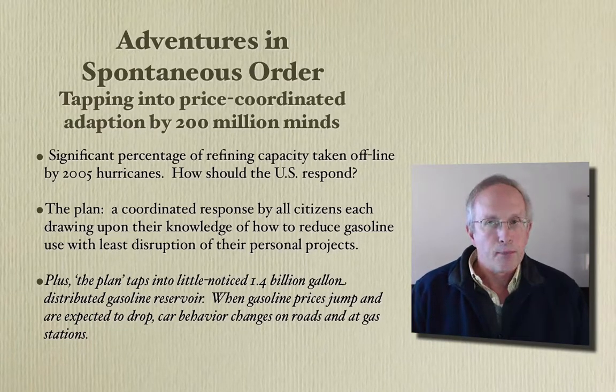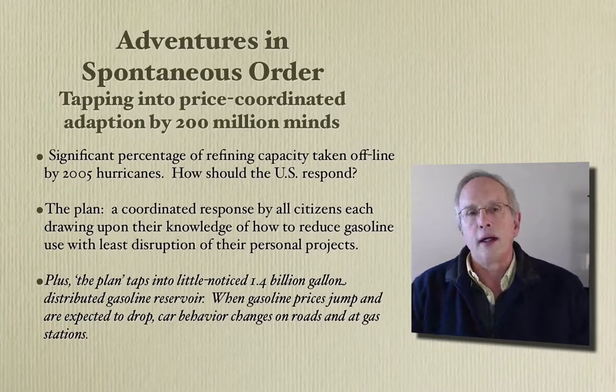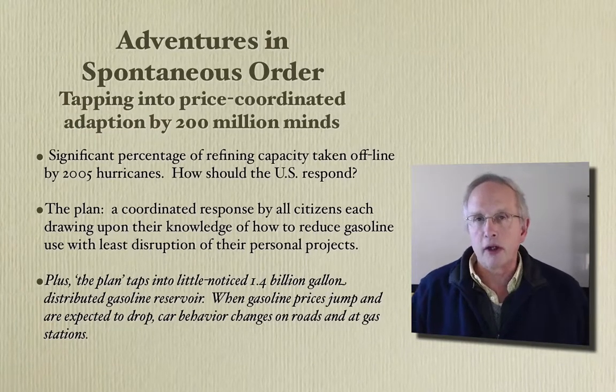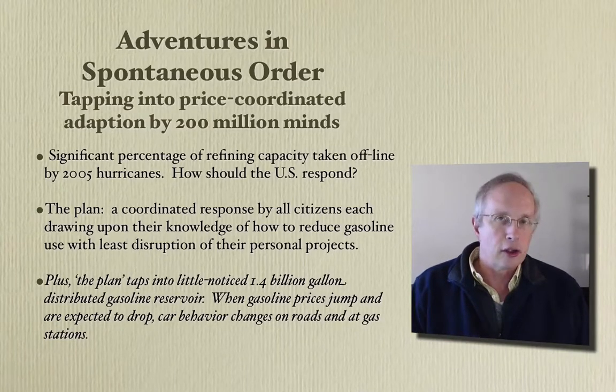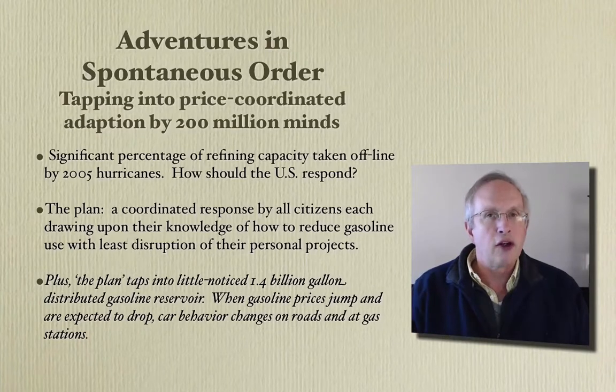But instead, with the government not doing anything, what we had was a spontaneous order response that was a coordinated response by millions and millions of Americans who altered their behavior within hours of the end of the hurricane and the settling down.